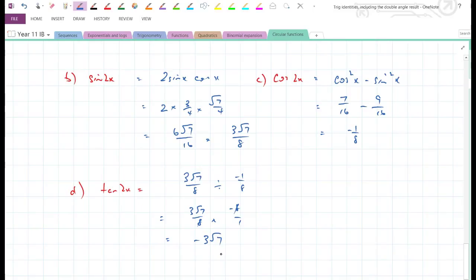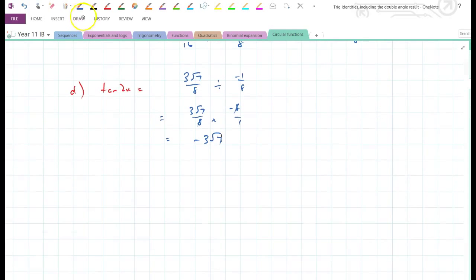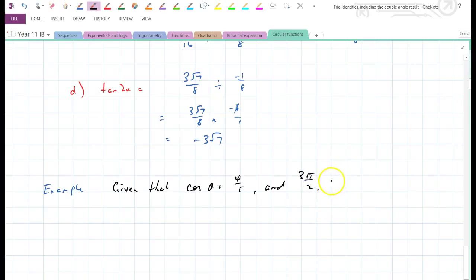Just have a look at example 8. I think we're just looking at a different quadrant here. So this is example 8. We're looking at another example. So given that cos theta equals 4/5, and importantly we're now between 3 pi on 2 and 2 pi.